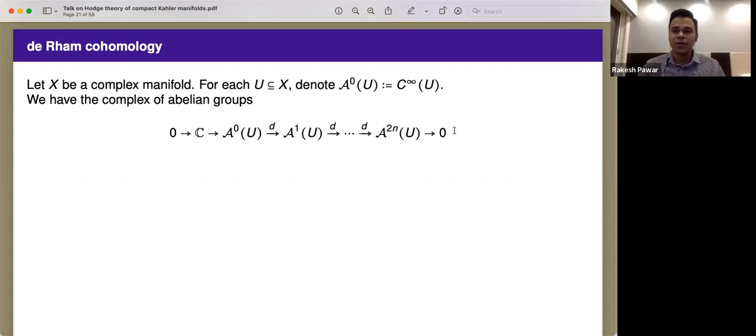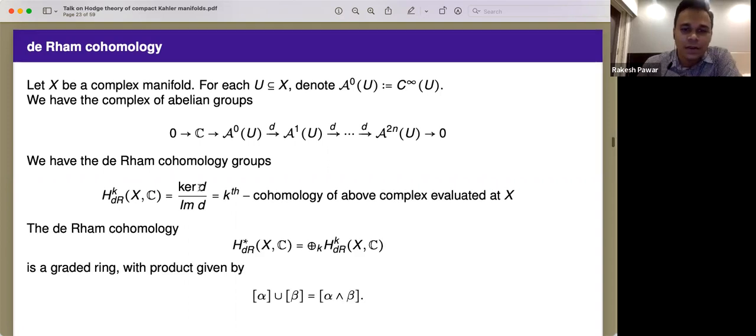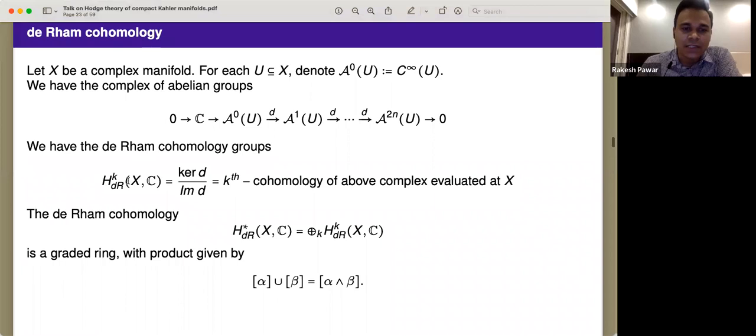So for every U, you get a complex of abelian groups, and we'll just declare that the de Rham cohomology of X with coefficients in C in degree k is the kernel of d at degree k modulo the image. It's the cohomology of the complex in degree k. Now this is called the de Rham cohomology group, and we can take the direct sum.